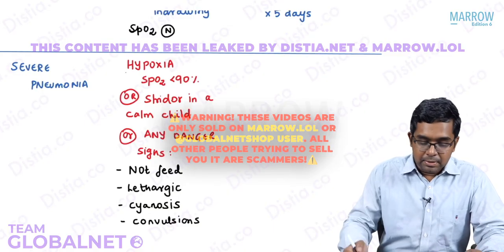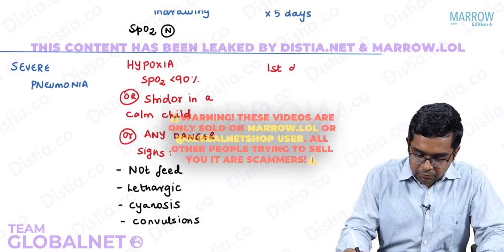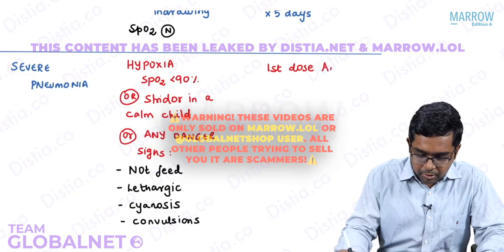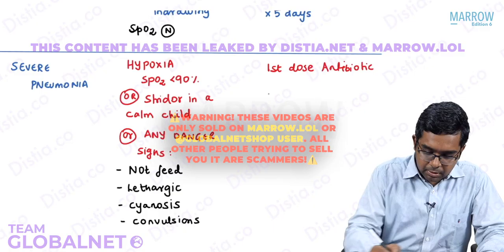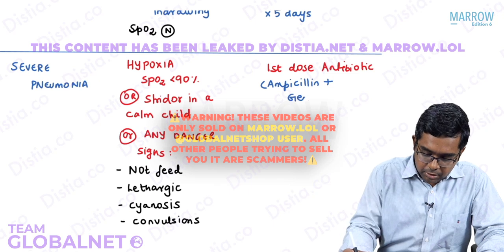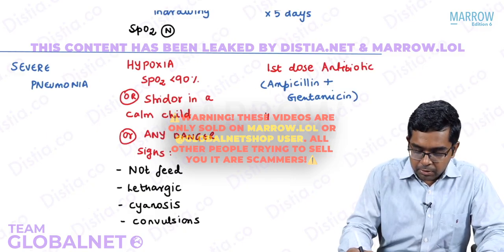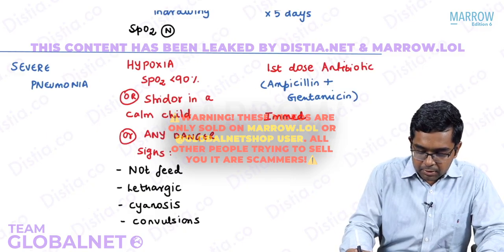What is the importance? For severe pneumonia, you have to give the first dose of antibiotic immediately. It is a combination of ampicillin and gentamicin. You have to give the first dose of antibiotic, and then immediately refer the child to hospital.